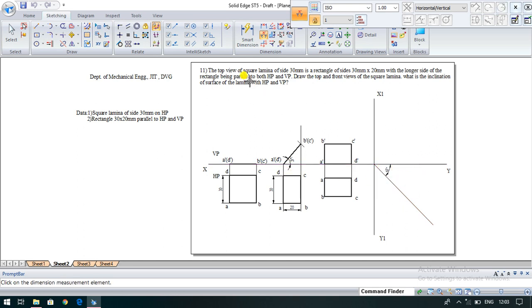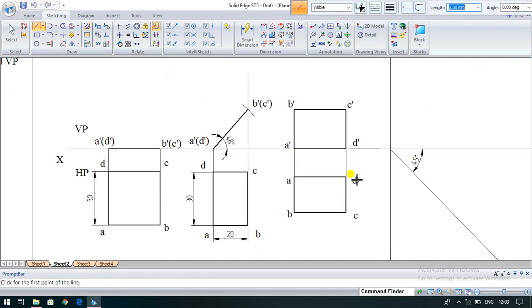Okay. Now in order to obtain the inclination to VP, draw lines here from each point of the left to right side up to the inclination line, up to the profile angle. So draw up to here and extend up to the B dash line.